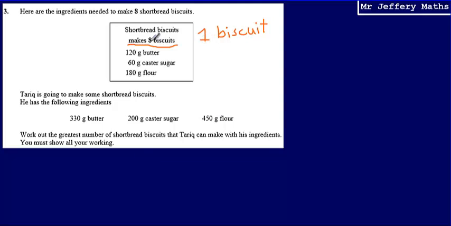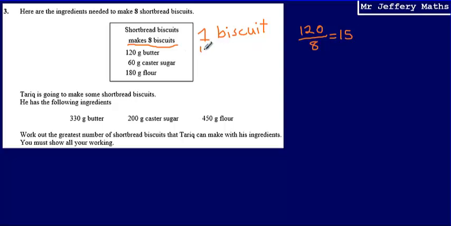So if 120 grams is making 8 biscuits, how much butter would I need for just 1 biscuit? And the calculation that I'm going to need to do there is 120 divided by 8. So 120 divided by 8, that's going to give me 15.